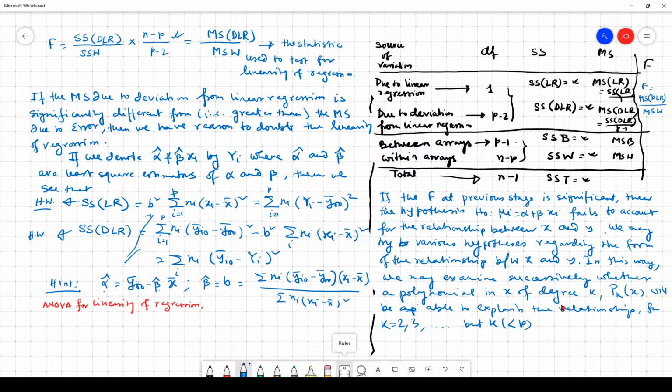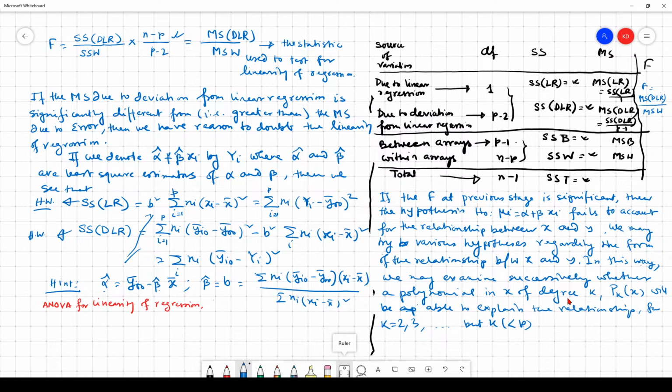So that means if linearity fails, then you go quadratic, cubic, fourth degree polynomial, and so on. This is the process. First linearity fails, then you try a quadratic, second degree polynomial. If this fails, then you try a third degree polynomial. If this fails, then you try a fourth degree polynomial, and so on.